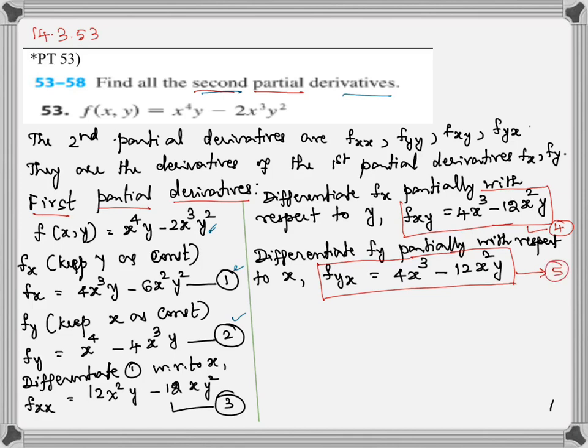So we got f_x, we got f_y, the first partial derivatives. And in the second partial derivatives, we got f_xx, f_xy, and f_yx, and we have to determine f_yy also. So differentiate f_y partially with respect to y by keeping x as a constant.